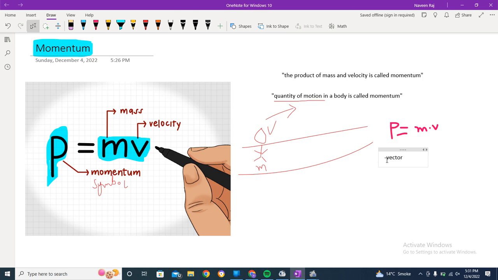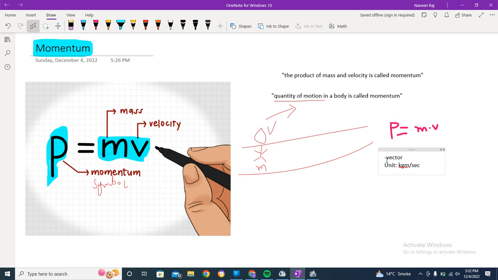Momentum cannot be non-directional. If we decode the formula, we get the unit: mass is in kilogram and velocity is in meter per second. So kilogram meter per second is the SI unit of momentum.